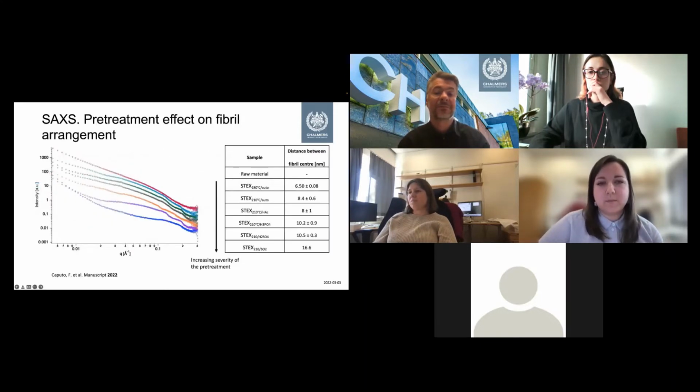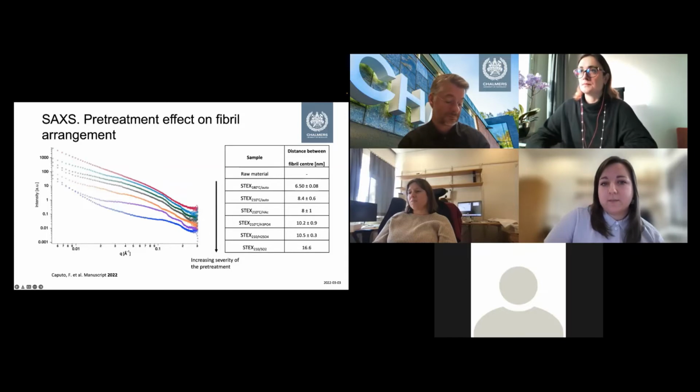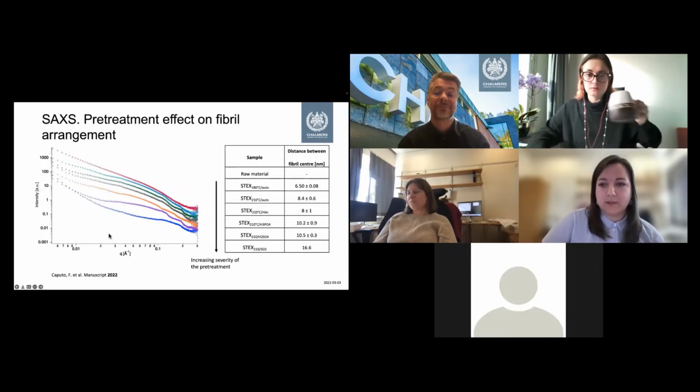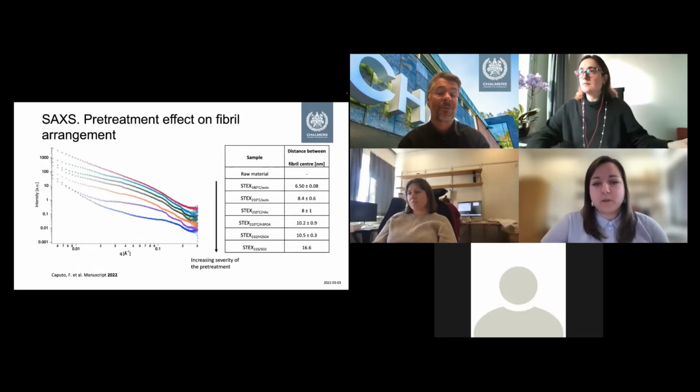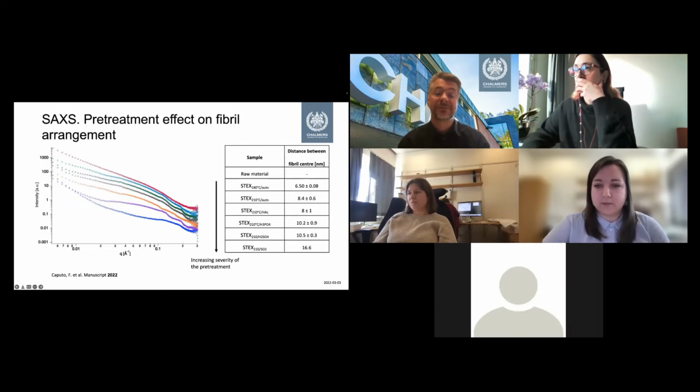So here again, the spruce samples from the same project with Fabio Caputo and Lisbeth Olsson. We also measured small angle X-ray scattering for these samples, treated with different severities. And here is a typical scattering curve. One would think that there is not much to look at, but it actually gives quite a lot of information.